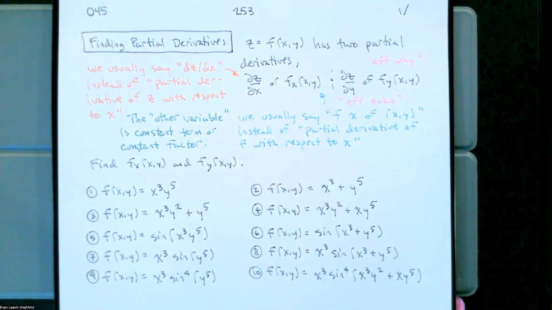And in the partial of z with respect to y, then x is the other variable. The main thing that we have to learn is that the other variable is either a constant term or a constant factor. So constant term, the derivative is going to be 0. A constant factor just gets carried along. The derivative of a constant times a function is that constant times the derivative of the function.